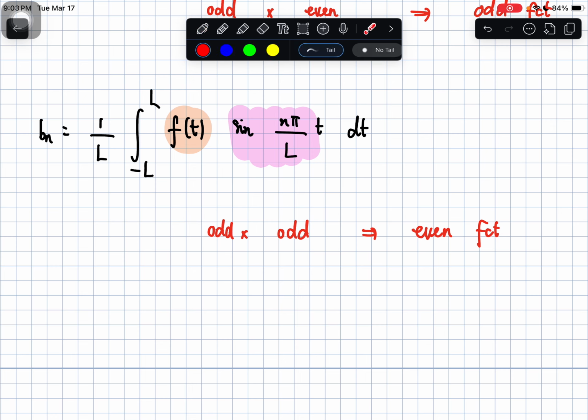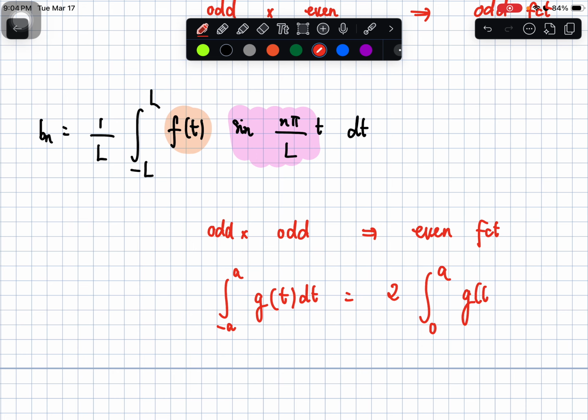Integral of an even function. We recall that the integral from minus a to a of a function g(t) dt equals 2 times the integral from 0 to a of g(t) dt. So this one is 2 times 1 over L times the integral from 0 to L of f(t) sine(n pi over L t) dt.